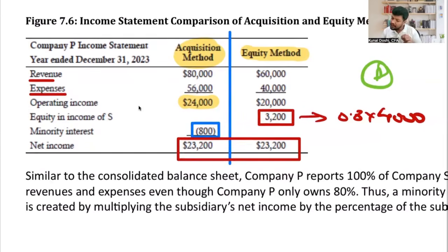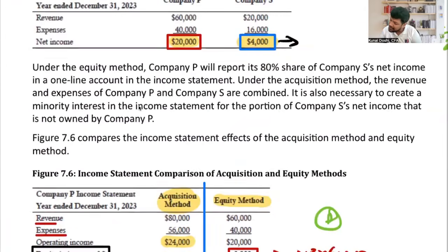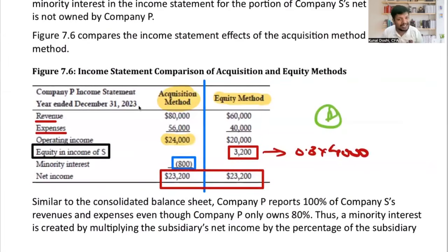In equity, what we do is take the revenue and expenses of the acquiring company only, but the proportionate earnings of the target company, let's say in this case 80%, because they must have taken an 80% share of the company. So the proportionate share of the target company's net earnings is added in equity method. In acquisition method, you simply add everything, and the proportion that you do not own, that minority interest, is shown as a negative item. Overall, the net income is the same.